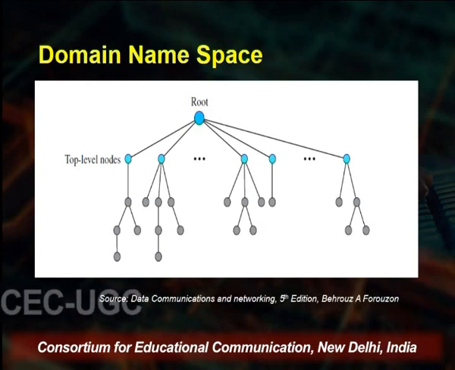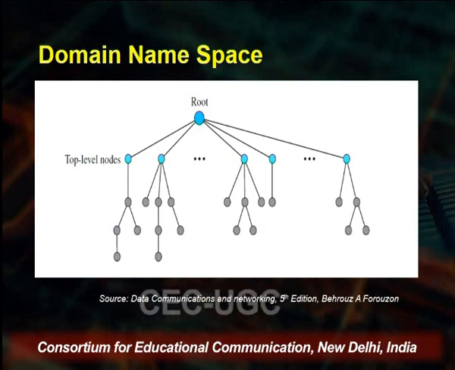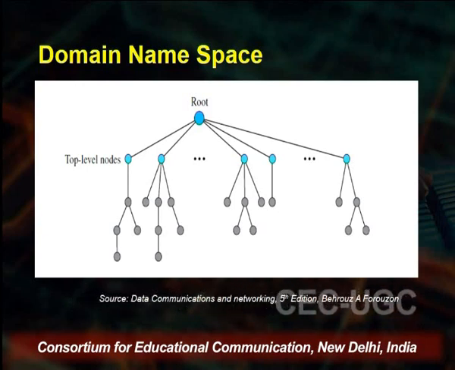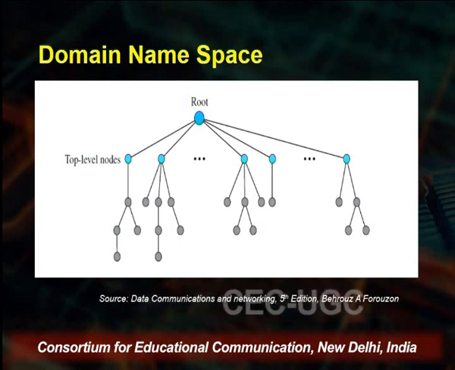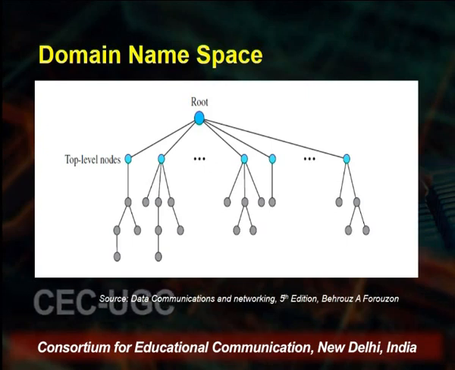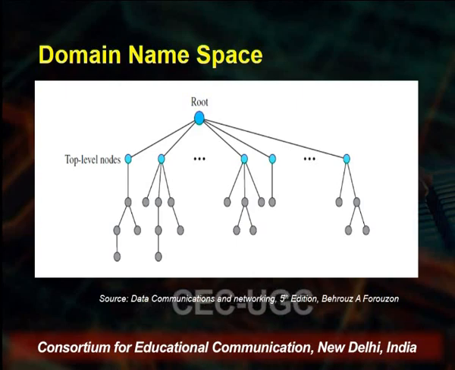There can be top level nodes and then further nodes, and there is a parent child relationship between a node and its sub node. The top level node will be the parent of the nodes which come under it.